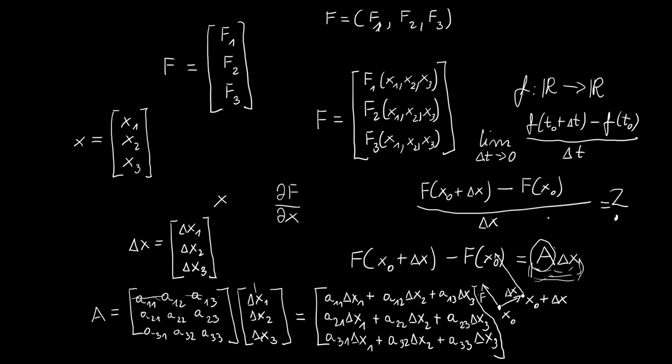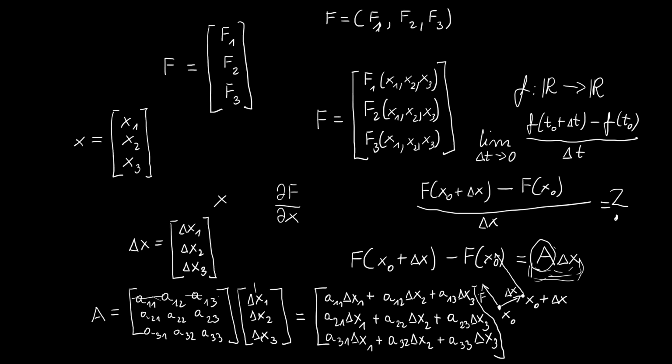If we want to apply the same definition for a function with vector arguments and vector values, we suddenly realize that we don't know what it means to divide vector by vector. And we really don't know it. It doesn't make sense to divide vector by vector. It might have sense if the vectors are directed in the same direction. But if the directions are different, what does it mean to divide vector by vector?